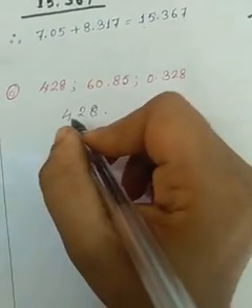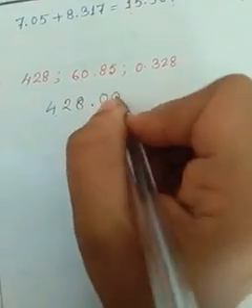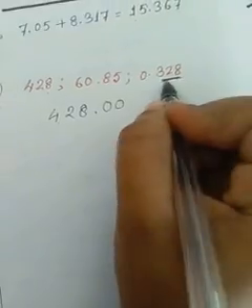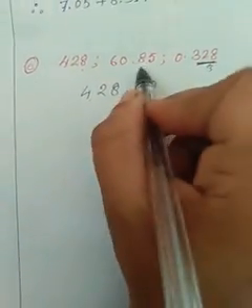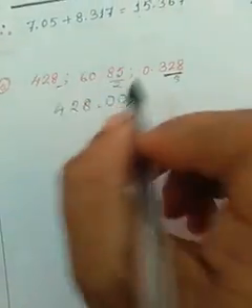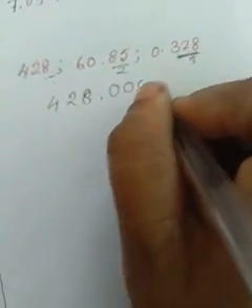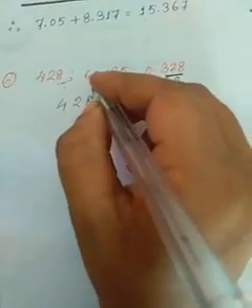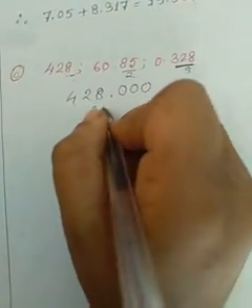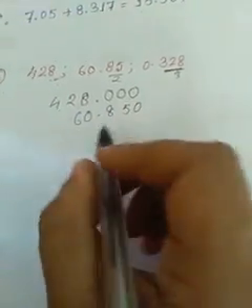So 400.8, if we give a point and 0, 0, it will not change the value of this number. But at first we will look for the maximum number of decimal places in which number. This one has 3 decimal places, here it is 2, and here there is no decimal place. So we have to convert into 3 decimal places. So 3 zeros we should add here. Now it's all right. Next, this number: 60.8510 should be added here.